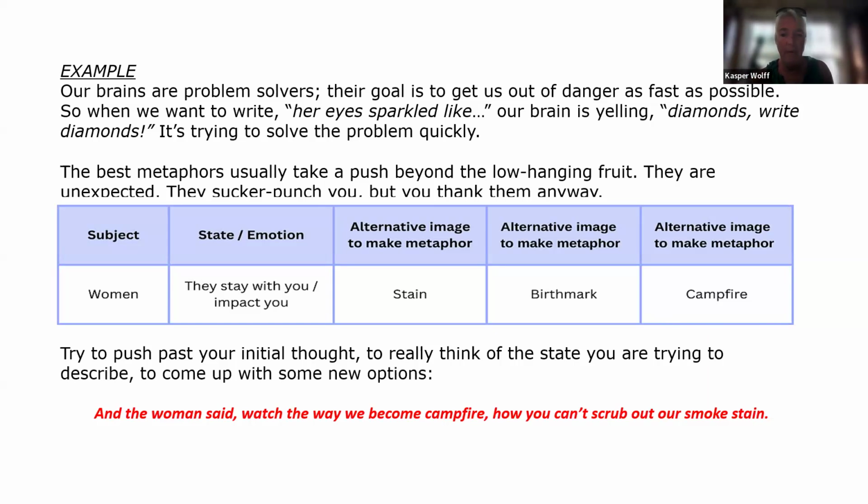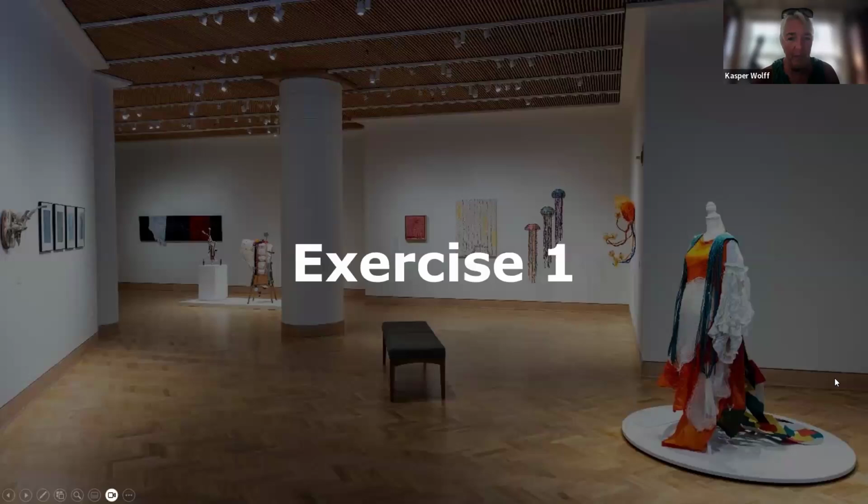And I have an example here. And the woman said, "Watch the way we become campfire, how you cannot scrub out our smoke stain." Now, if that ain't fresh, I don't know what is.